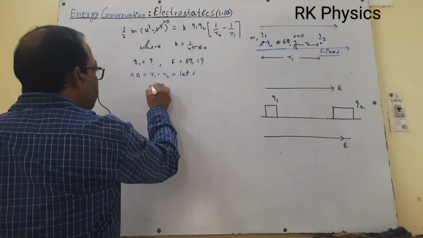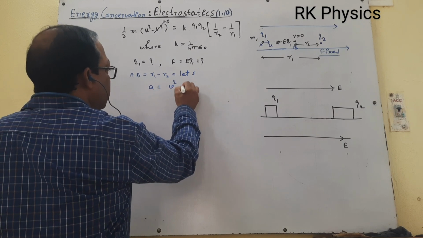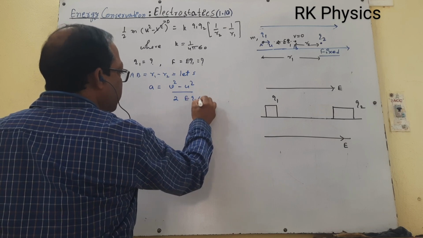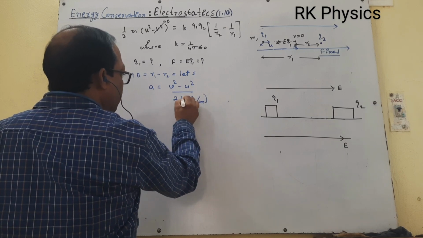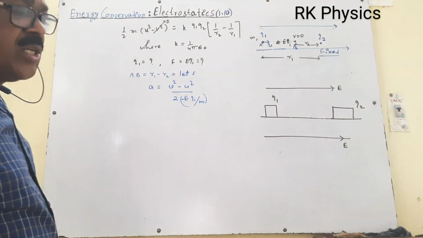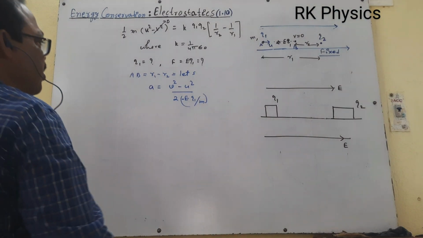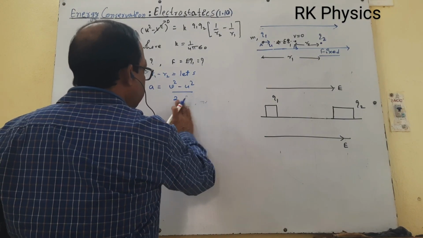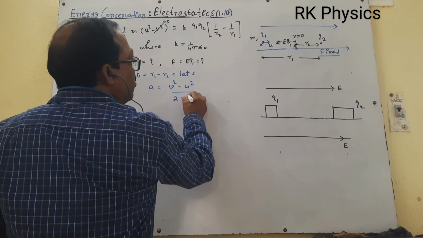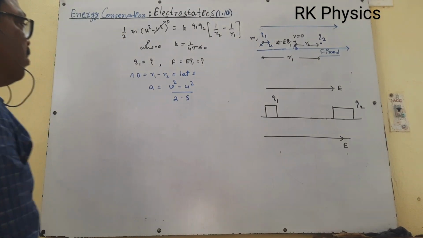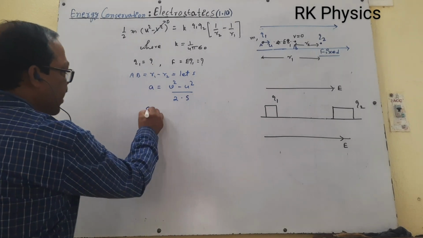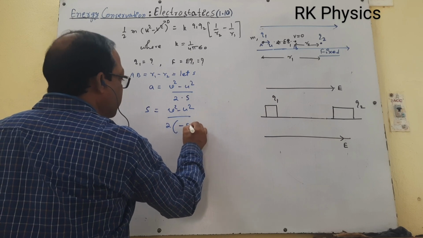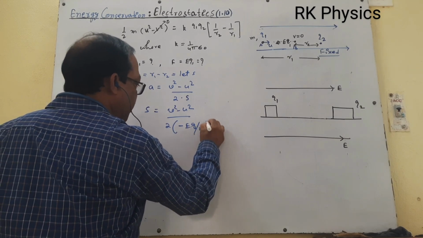Now what is the acceleration? Using v square minus u square equals 2as, where a is Eq1 by m, with a minus sign because it is a retardation. So s equals v square minus u square divided by 2a, where a is Eq1 divided by m.